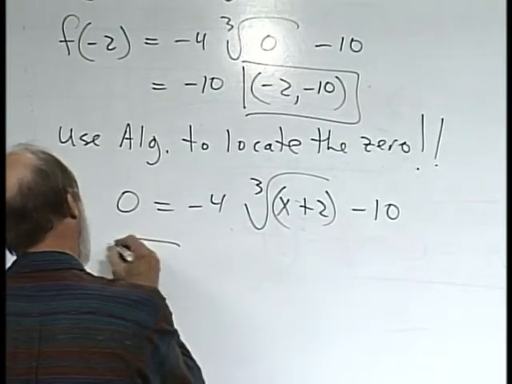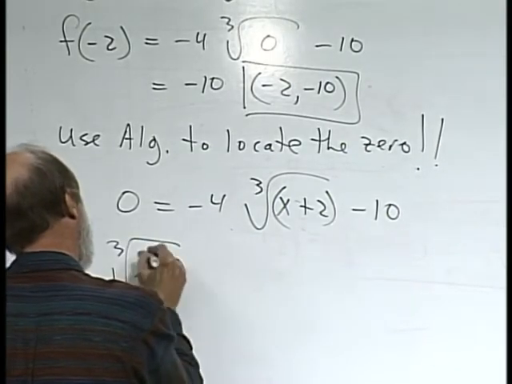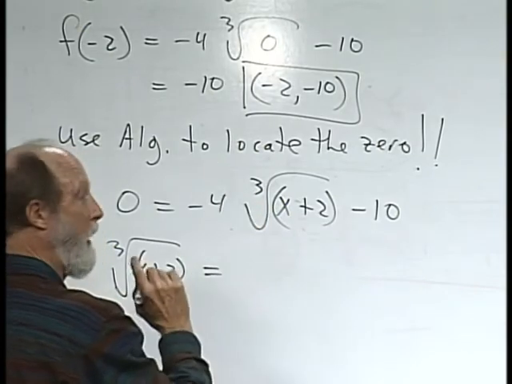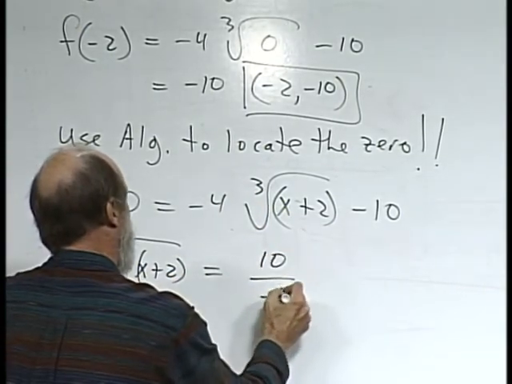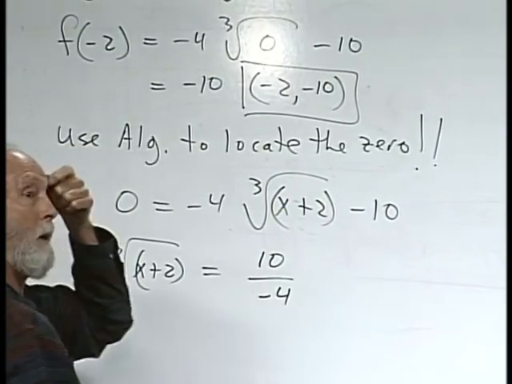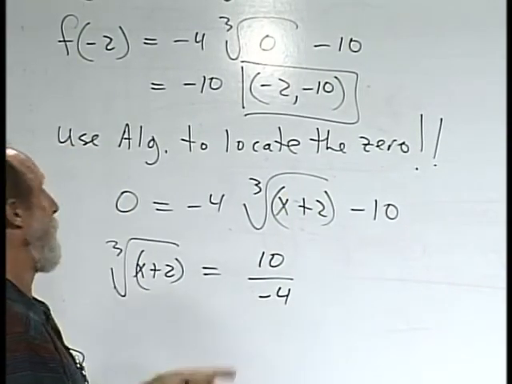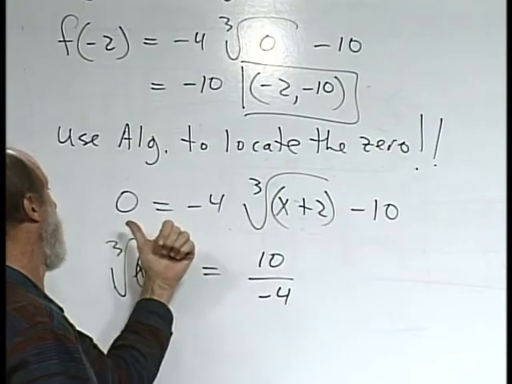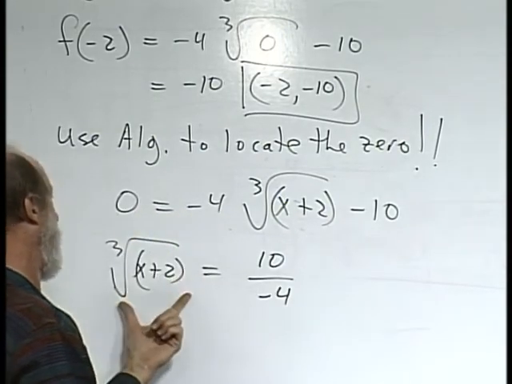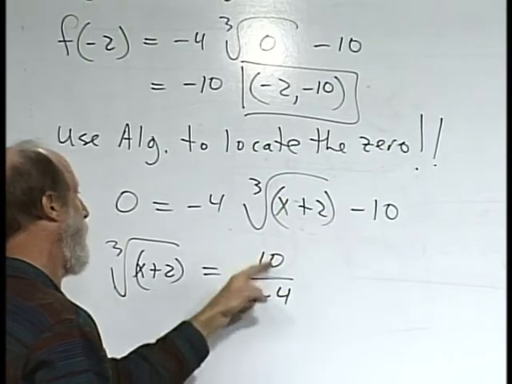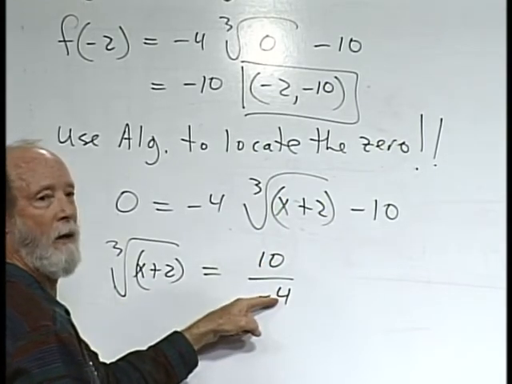So the cube root of x plus 2, we get that isolated as our first step to solve this, is going to be 10 divided by -4, isn't it? When you move that -10 to the other side, it becomes +10, and you divide by -4 both sides to isolate the cube root. And then do we leave the 10 over -4 like that?